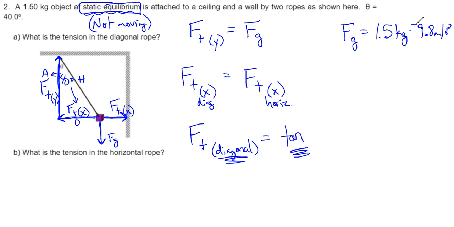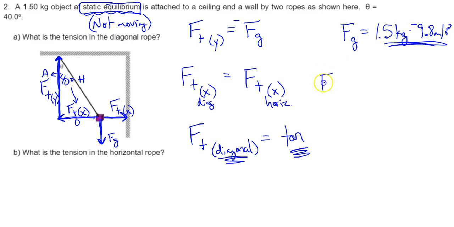In the y direction, it's actually going to be the opposite. I said that they were equivalent. The magnitudes are equivalent. Of course, the force of tension is acting in the opposite direction as the force of gravity. So once you figure out the force of gravity, the opposite of that is your tension force in the y direction.